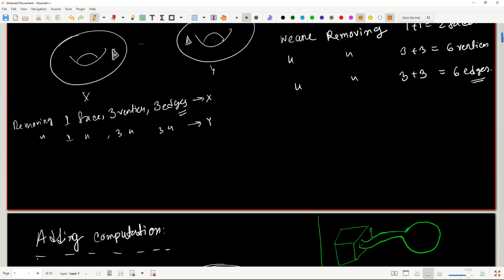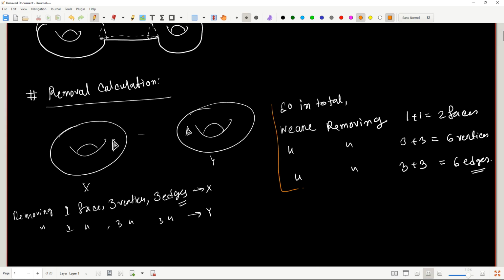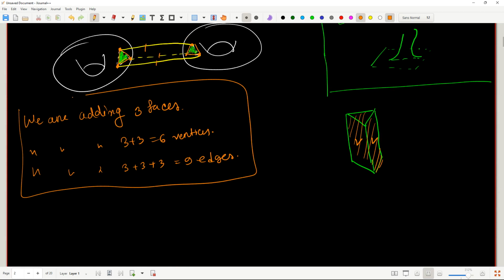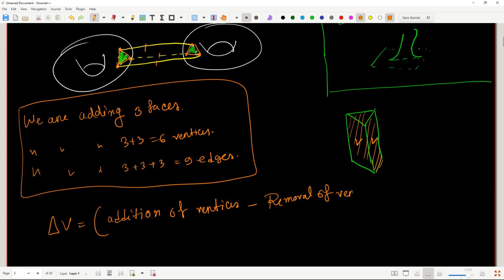Now we just need to use this result over here with this result. This will facilitate our computation of the difference. So the difference between the vertices is just the addition of vertices minus the removal of vertices.